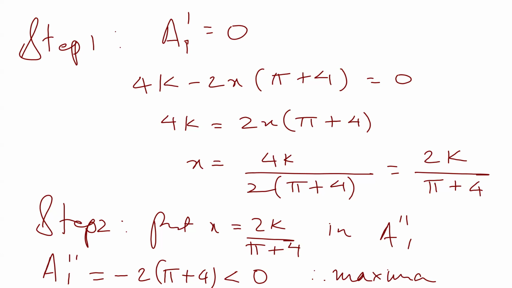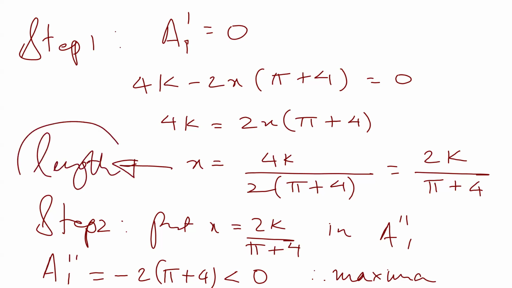Now they're asking you the dimensions. So we got x. x is the length of the rectangle. Can someone tell me, looking at your notes, what is the radius? x by 2, no?